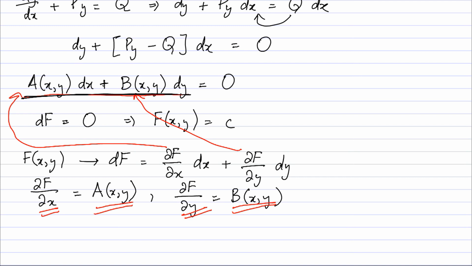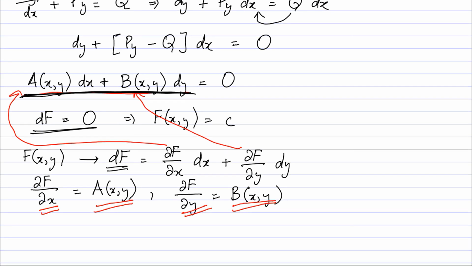Then this differential equation can be recast as dF equal to 0, where you can find capital F, because you know that the partial of F with respect to x is equal to a, and the partial of F with respect to y is equal to b. Then you can figure out capital F from there, and set capital F equal to a constant.